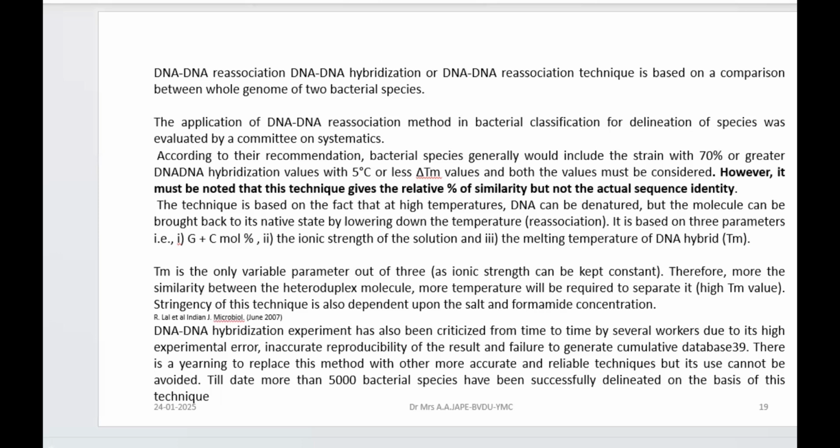This is what we had talked about in the beginning of yesterday's session also. So you must consider both these values when you are talking about genotypic matching, right? However, it must be noted that this technique gives relative percent of similarity, but not actual sequence identity.